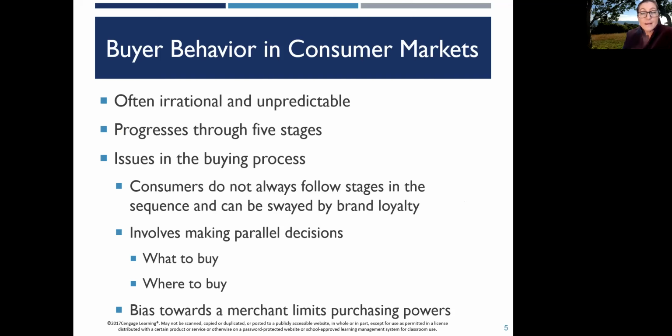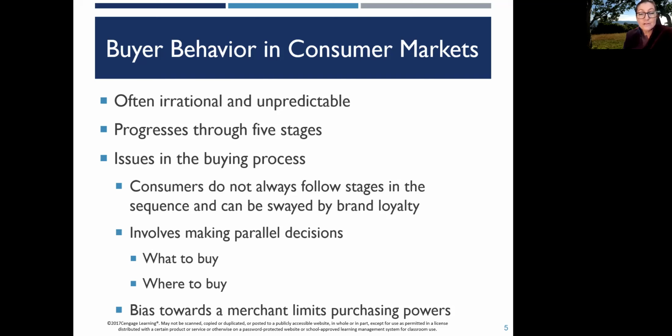Right, now buyer behavior in consumer markets. We recognize that consumers are often irrational and unpredictable. Aren't we all, right? And consumers as buyers progress through 5 stages in the decision-making process to buy a product or a service.